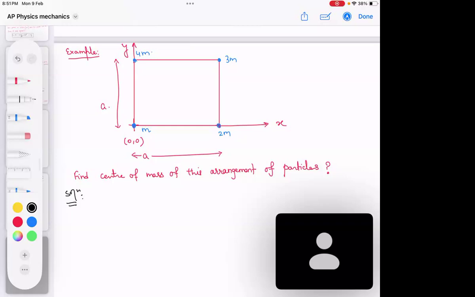Now use that and tell me what answer is coming. It's a simple calculation. Just think about it and tell me.